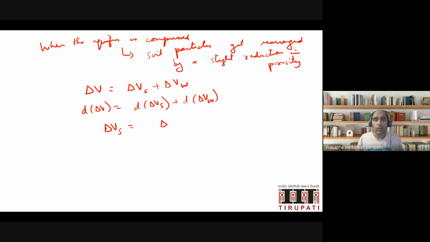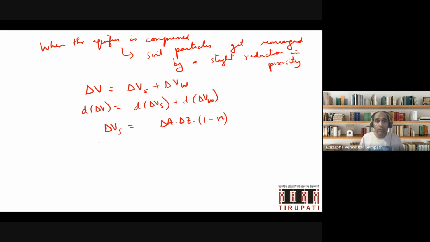It is the total volume delta A times delta Z multiplied by 1 minus n. Does that make sense? The total volume multiplied by 1 minus porosity. Porosity is the volume of voids. If I do 1 minus n, I get the rest of the volume, which is the volume of the solids. Delta A times delta Z is the total volume, and 1 minus n is the fraction that is not the voids. So therefore, delta Vs must be delta A times delta Z times 1 minus n.